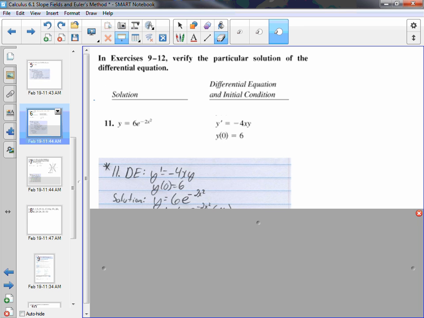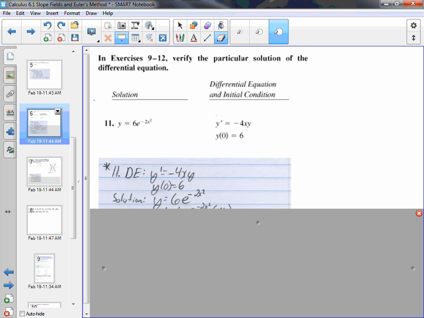Now, number 11. So this time, verify the particular solution of the differential equation. All right, so here's the way that makes the most sense to me to write this down. Our DE is y prime equals negative 4xy.